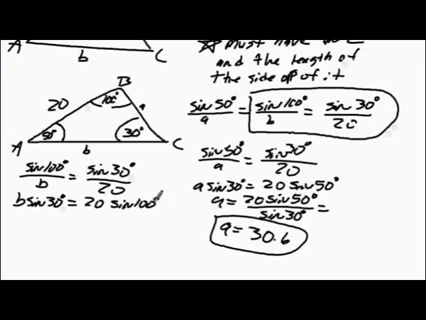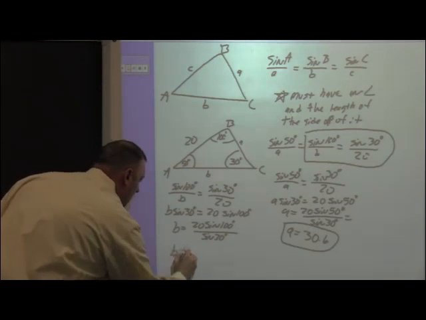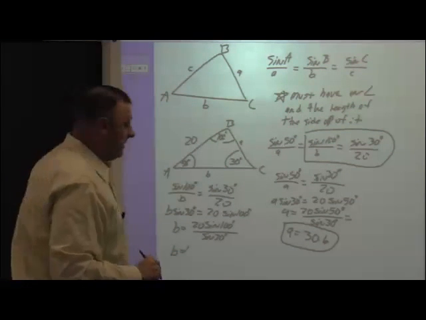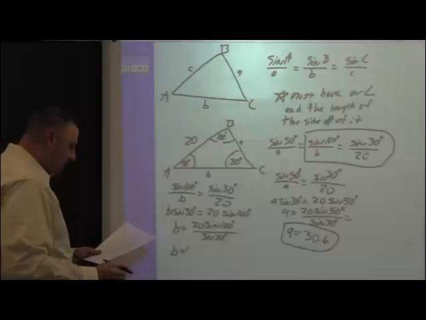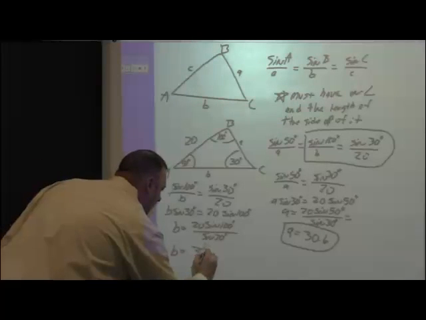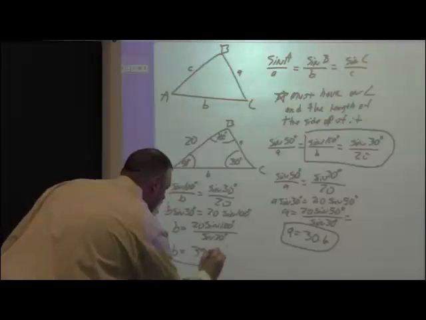Divide both sides by sine of 30 to get b by itself. So b equals 20 sine of 100 degrees over sine of 30 degrees. Take your handy dandy calculator. Please don't forget, make sure your calculator's in degrees. And if you did the math, you're going to get 39.4 for that measure.